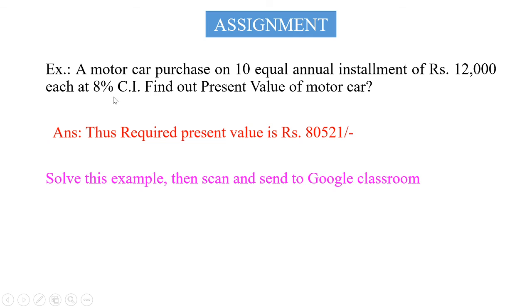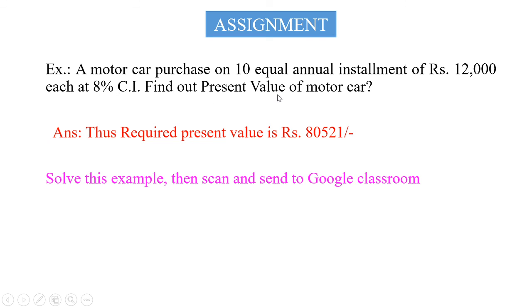Students, in this lecture we solved 3 examples of future and present value of annuity. You will solve an assignment question. In this question, a motor car is purchased on 10 equal annual installments of rupees 12,000 each at 8% compound interest.